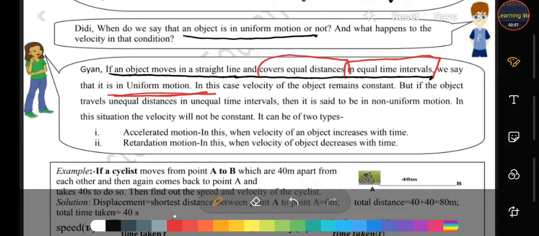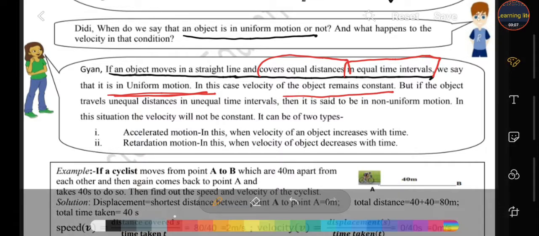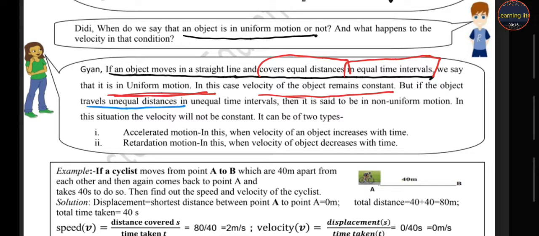You are on a straight line road, and it means velocity is constant, you are not changing velocity. But when you are changing velocity continuously, it means you travel unequal distance in unequal time, then it is called non-uniform motion.